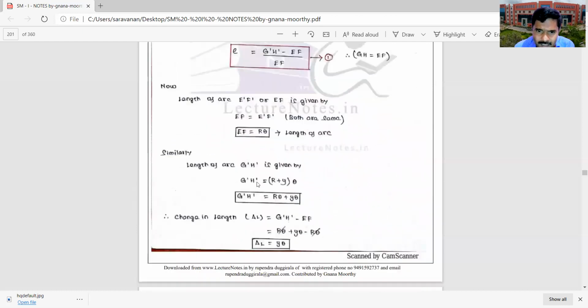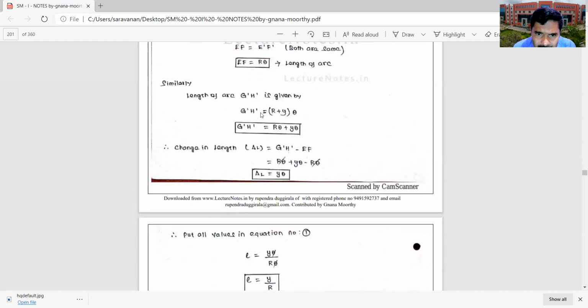Written out, G dash H dash is equal to R theta plus Y theta.